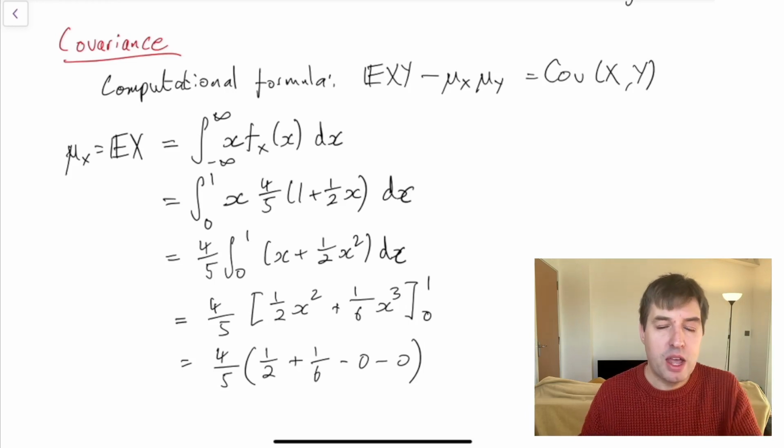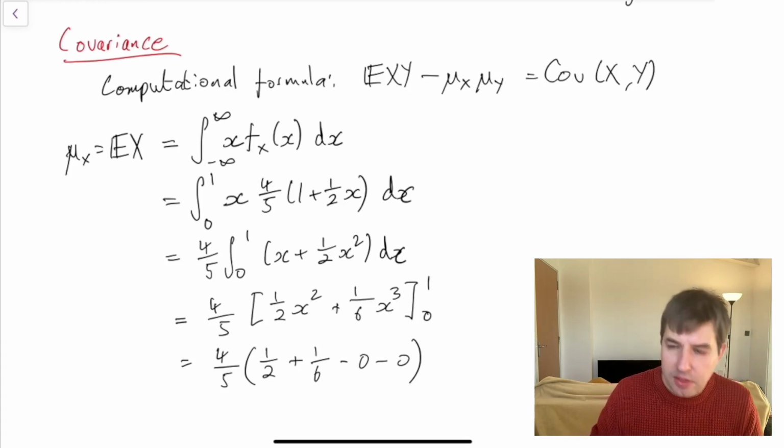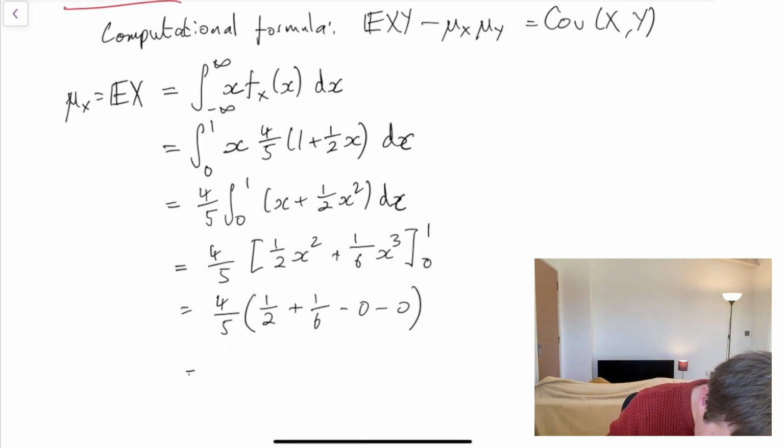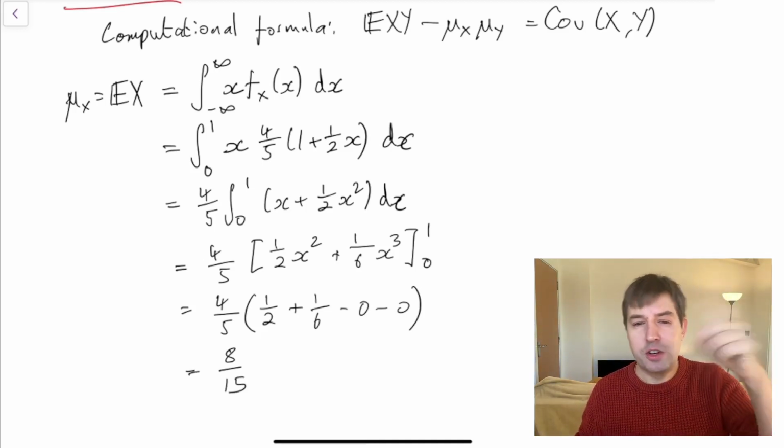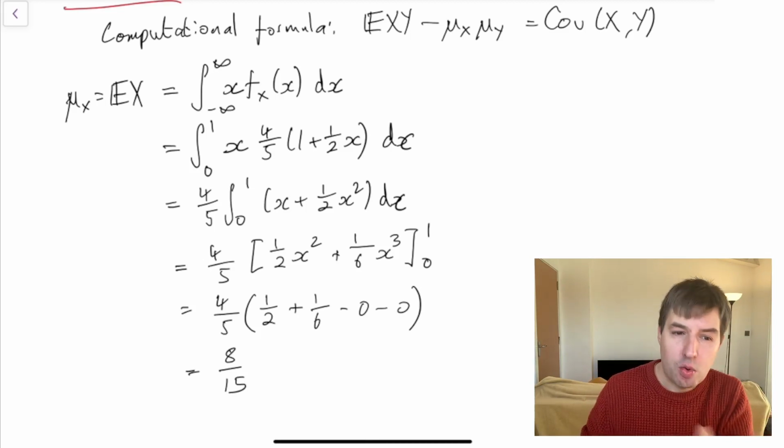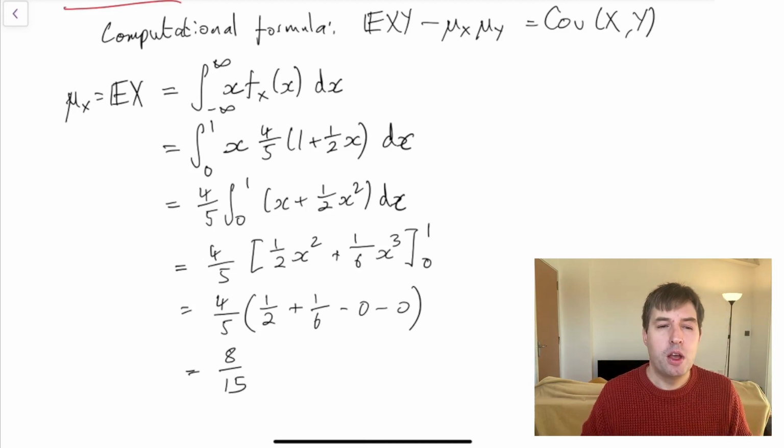Because when x is 1, we have a half plus a sixth. And when x is 0, both of those terms are 0. And that all comes out as 8/15, because a half plus a sixth is 2/3. So that gives us 4 times 2 equals 8 on the top, and 3 times 5 equals 15 on the bottom. So we get 8/15 as the expected value of x.